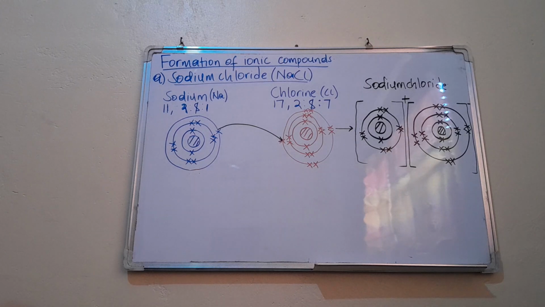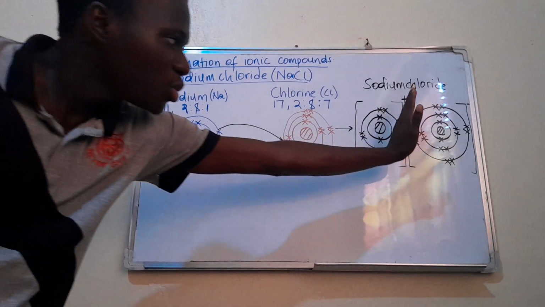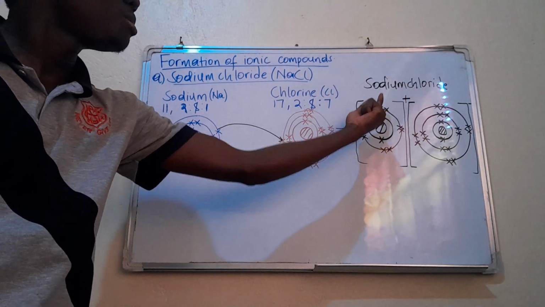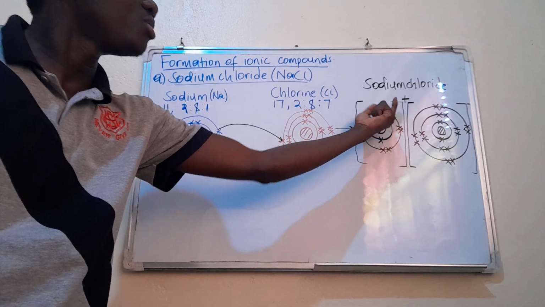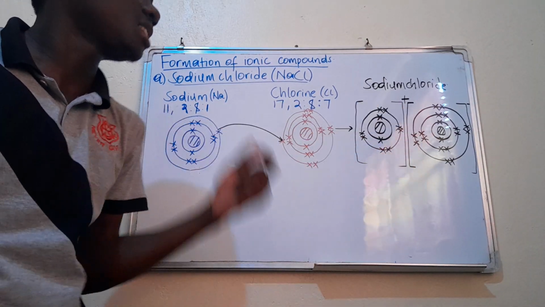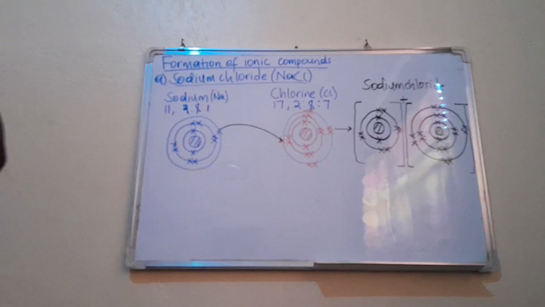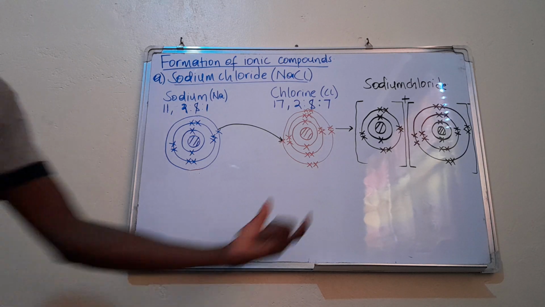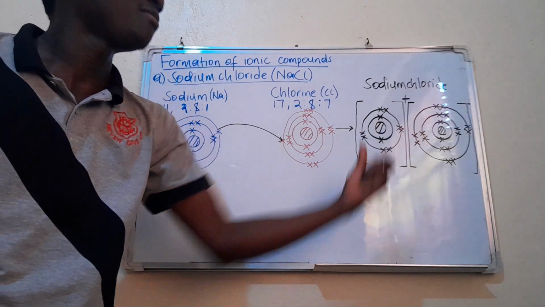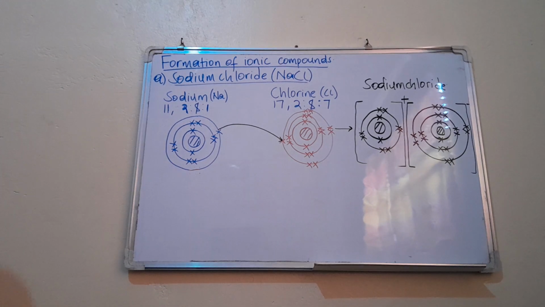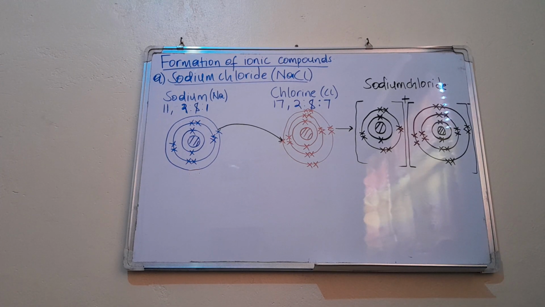They should strictly be close to each other, because the positively charged sodium ion is attracted to the negatively charged chlorine ion. The force of attraction between them is known as the ionic bond. So basically, that is how we form sodium chloride.